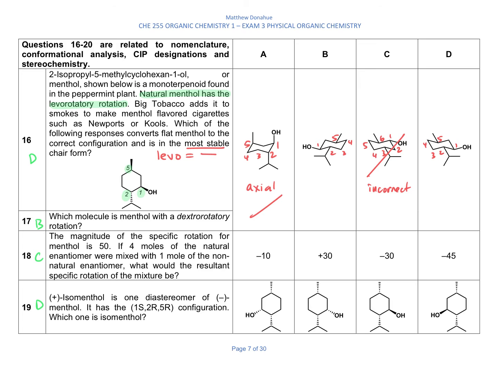If we look at them, they are mirror images of one another, so they're enantiomers. One of them is the levo, one of them is the dextrorotatory, which is the next question. You have to convert that flat molecule into the chair, and when you do that, you'll see that D is the correct answer for the levo, and then for the next question, B is the correct one for the dextrorotatory.